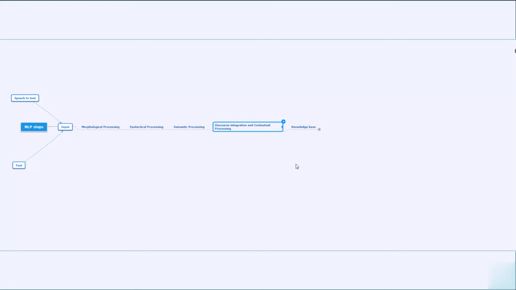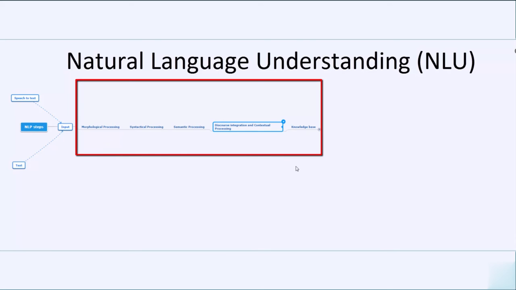Now, these domains, for example, could be government, medical, science, education, and so on. The NLP has two different stages. The stages we have seen so far can be categorized as NLU, Natural Language Understanding.